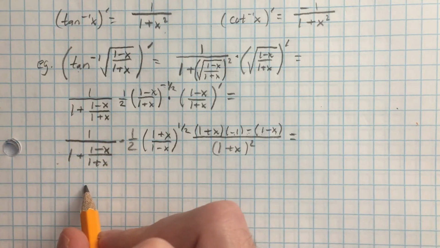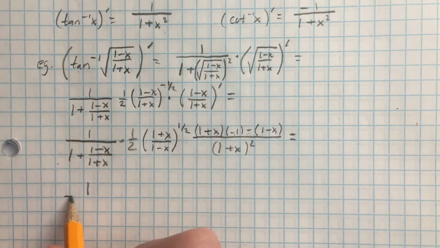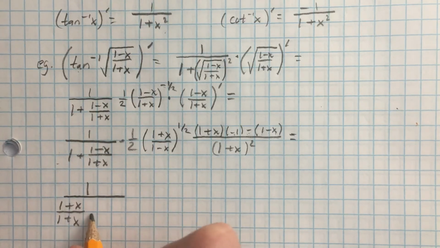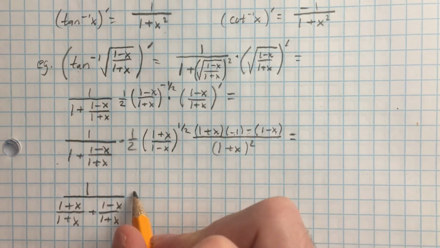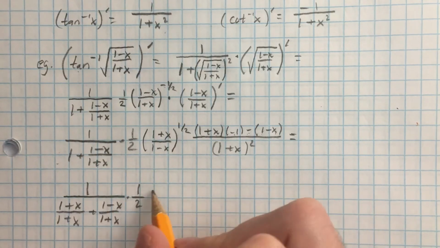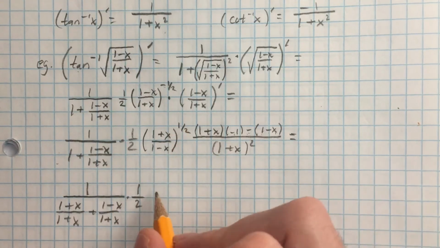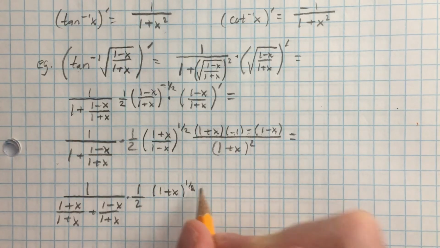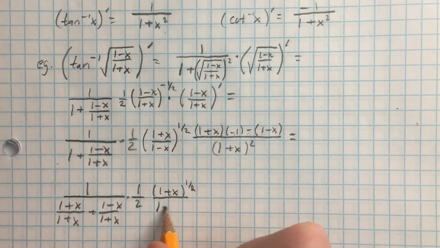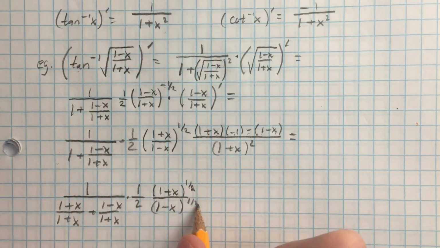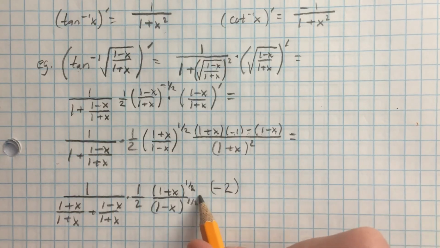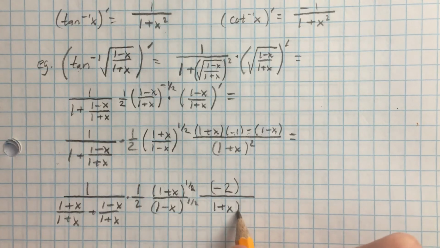So we should get something like 1 over 1 plus x plus 1 minus x over 1 plus x, times a 1/2. I'm going to distribute this 1/2 to both of these. So 1 plus x to the 1/2, or 1 minus x to the 1/2. And then here we said this is a negative 2, if I recall, over 1 plus x quantity squared.